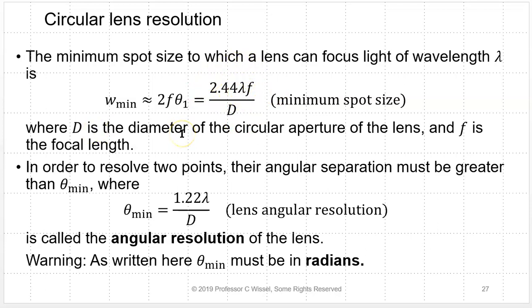D is the diameter of the circular aperture lens and f is its focal length. In order to resolve 2 points, their angular separation must be greater than theta min, where theta min equals 1.22 lambda over d. This is the lens angular resolution. Now be careful with this, because this is a ratio. Theta min must be in radians, and you have to be very careful with this. The reason this isn't 1 is because it's a circular aperture.